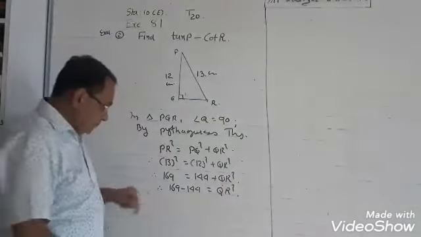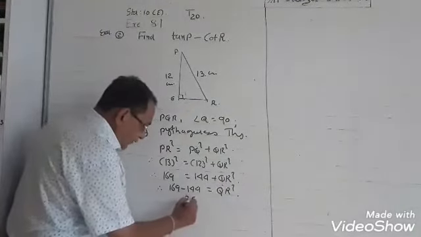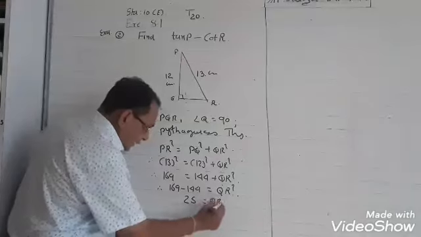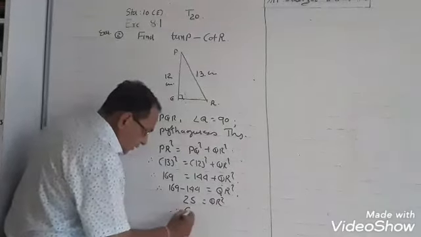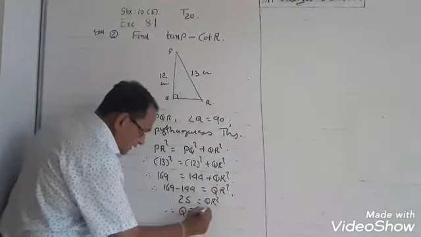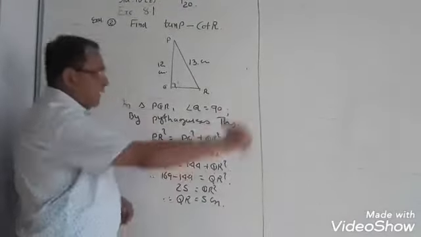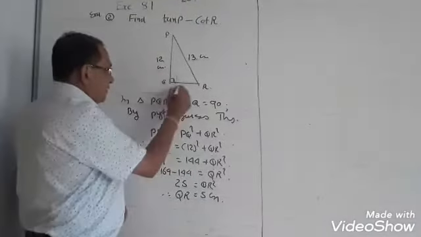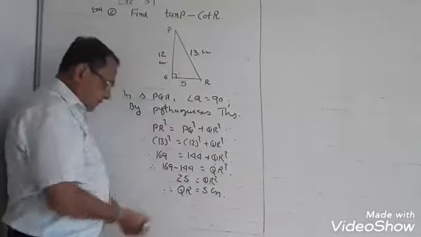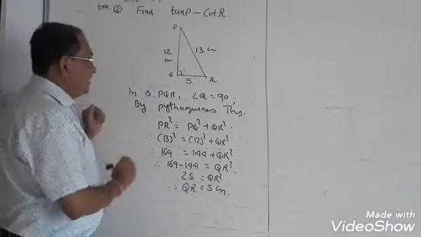Get it? 25 is equal to QR square. Taking the square root of both sides, QR is equal to 5 centimeter.